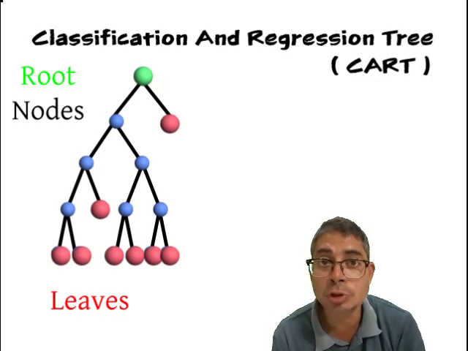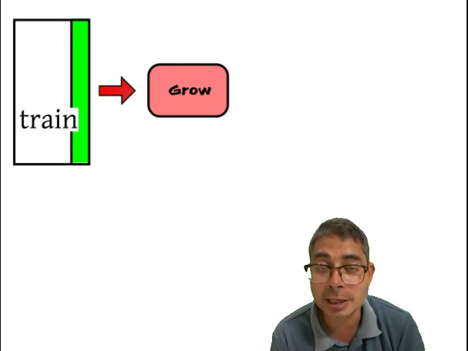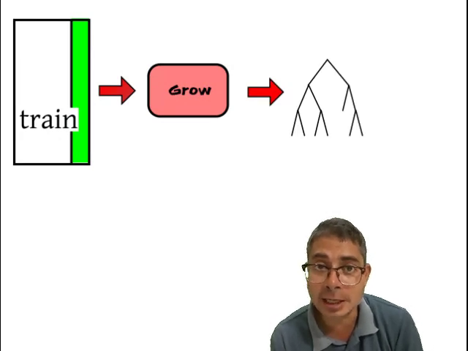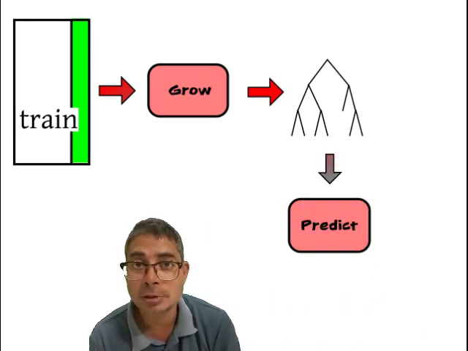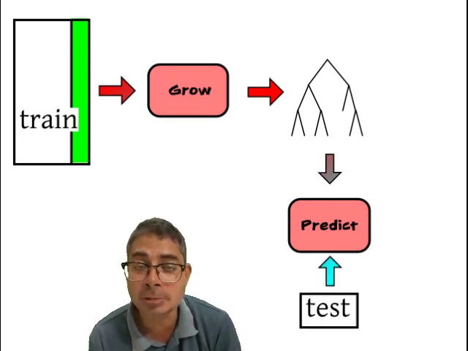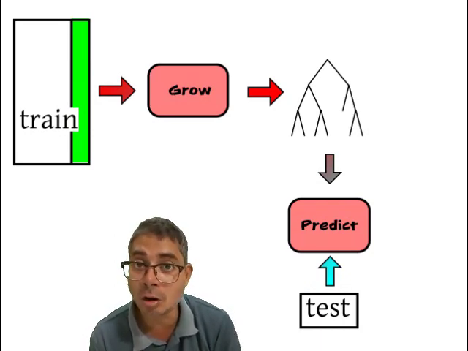The first step, which we shall call the grow step, uses the training data set, that is, the examples part of the data set, the part for which you have the true classes given to you. It uses that training set to construct a tree. Then in the next step, the predict step, we take this tree and also the test set, the exercises part, for which you have only the measurements and not the true classes.